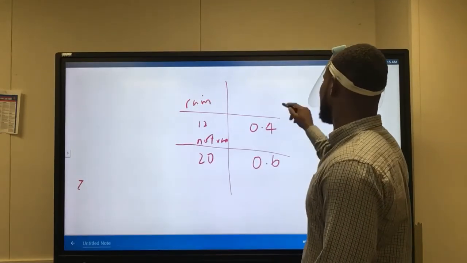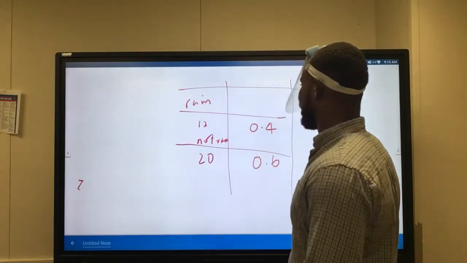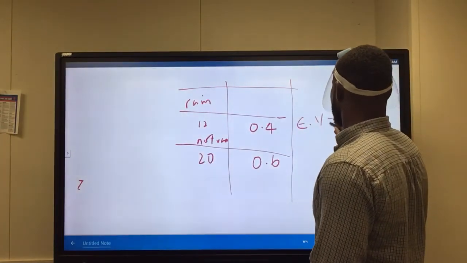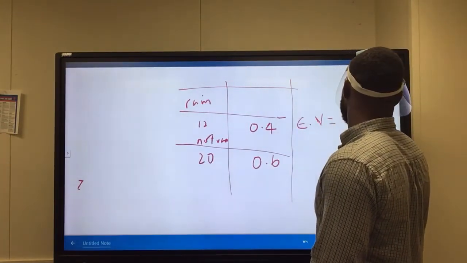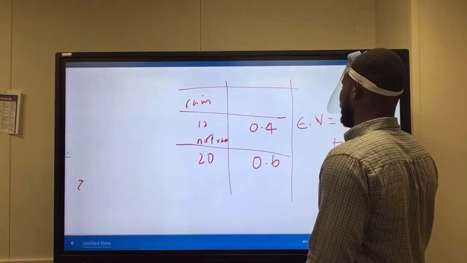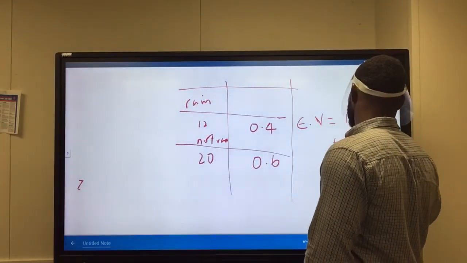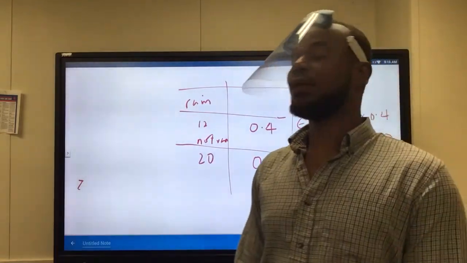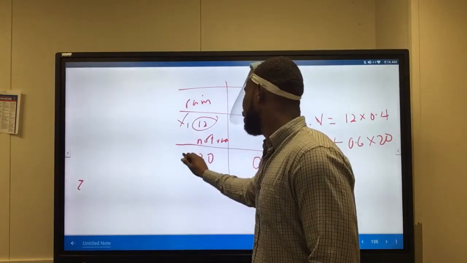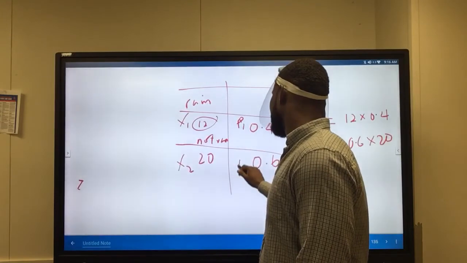So the expected value is equal to 12 times 0.4 plus 0.6 times 20. That's what we mean by the expected value. You just take the numbers you have, x1, x2, and multiply by p1, p2.